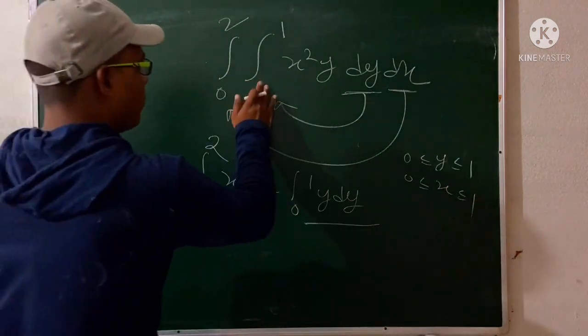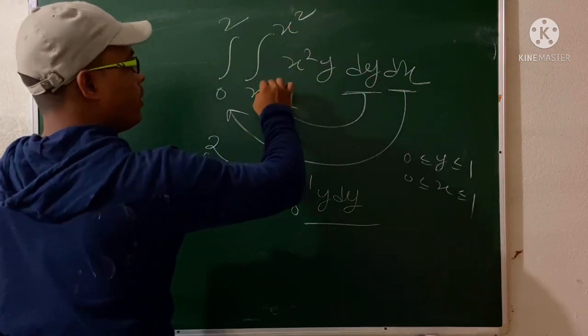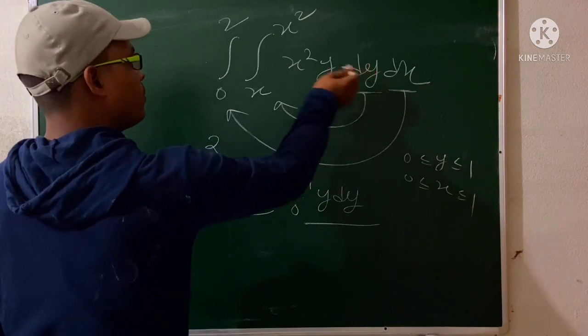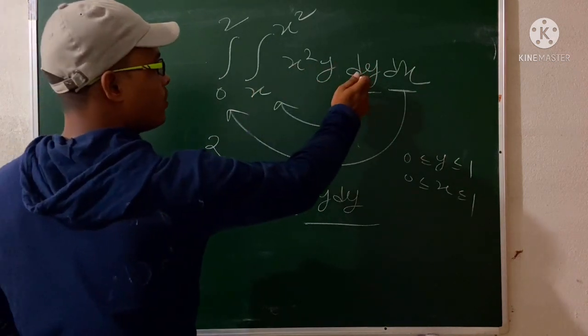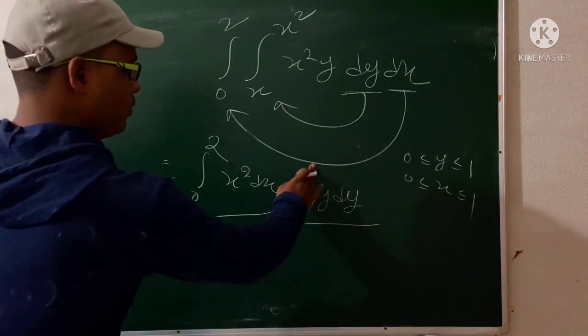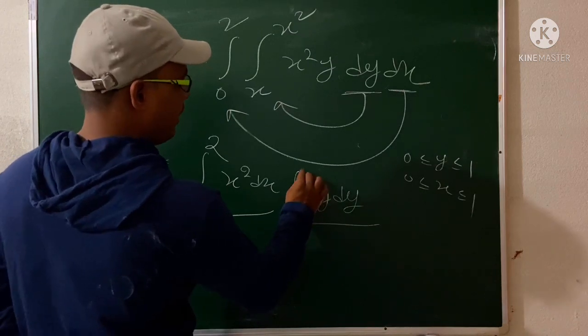What is the other form? If this is x and this is x square, remember that y will not be there, because here is y. If this is y, then this will be x. How will you solve this? Same technique, just change x to x square.